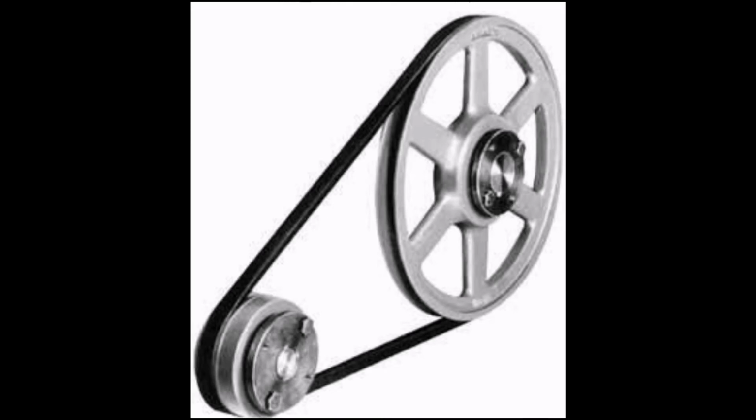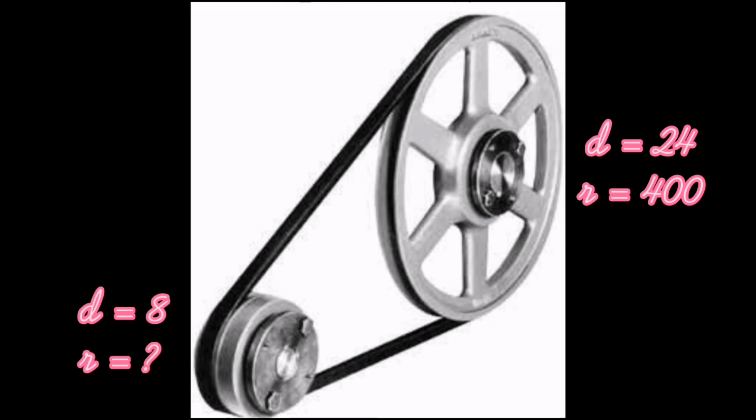Now in the problem it says that the larger pulley has a diameter of 24 centimeters and makes 400 revolutions per minute, and it is belted to a smaller pulley that is 8 centimeters in diameter. The question is, how many revolutions per minute will this 8 centimeter pulley make?